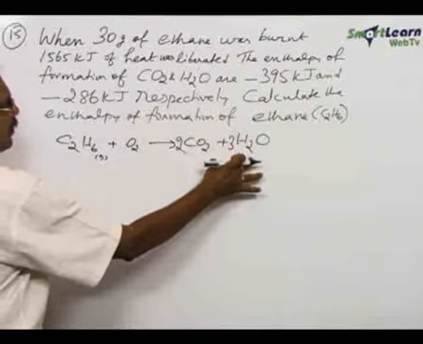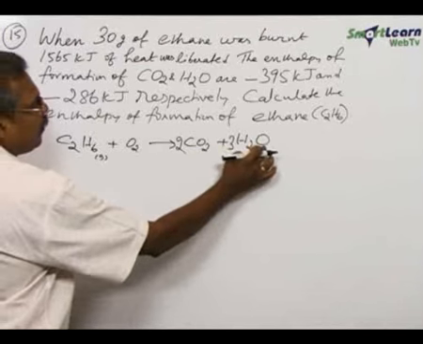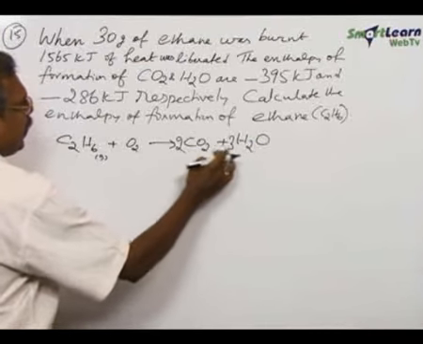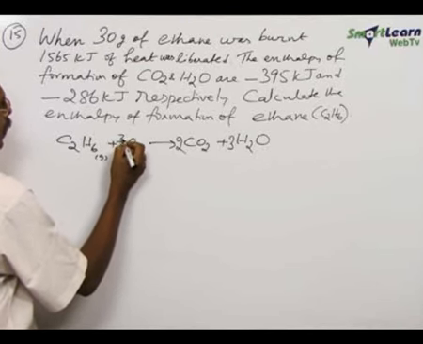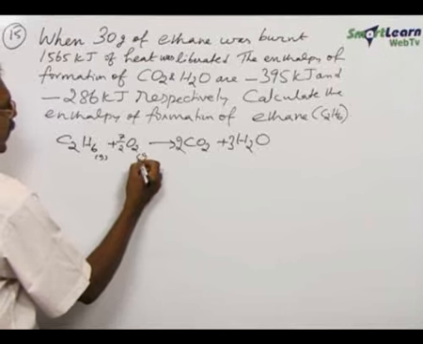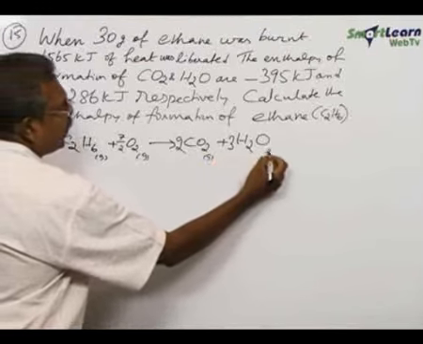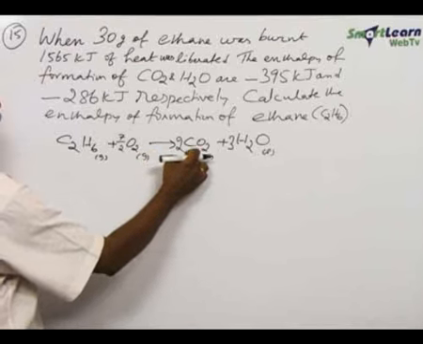Now count the number of oxygen atoms. So 2 into 2, 4, and 3 into 1, 3. So 4 plus 3, 7, and here we have O2. So better you write either 7 by 2 or 3.5 O2. Both are correct. This is gas, and here it is gas and liquid. Now the enthalpy of formation value of carbon dioxide is given.